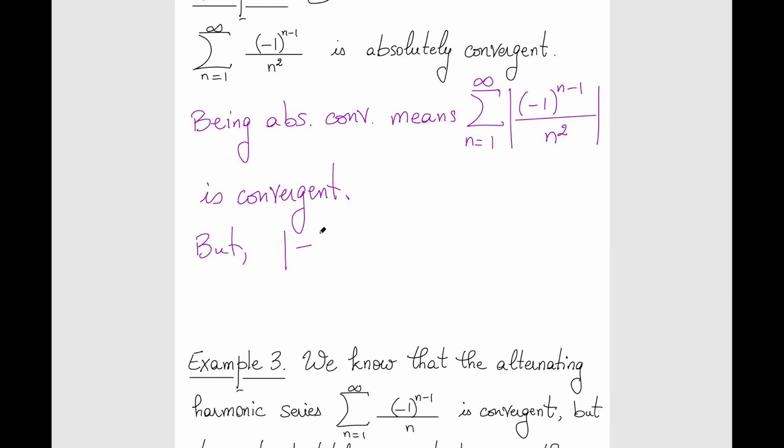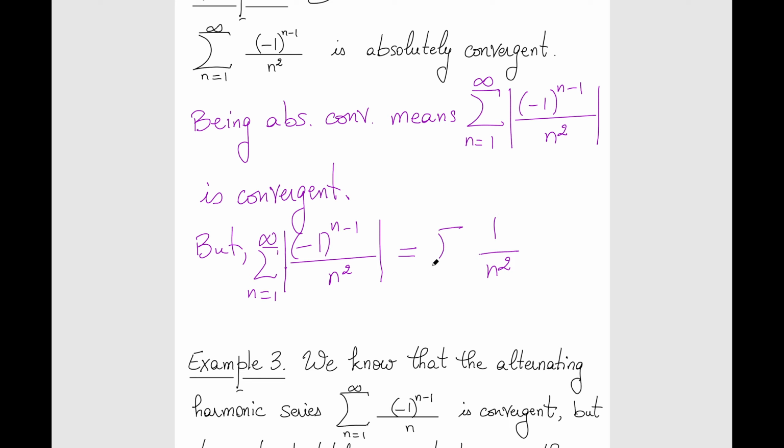No matter what n is, this term divided by n squared is equal to 1 over n squared. Make sense? Because the absolute value of the numerator is 1 and the absolute value of the denominator is n squared. So that term is this term for all n. So what's this series then?